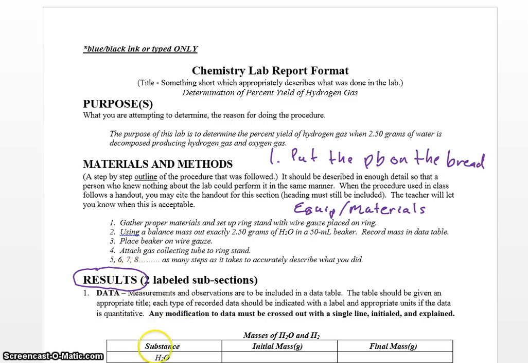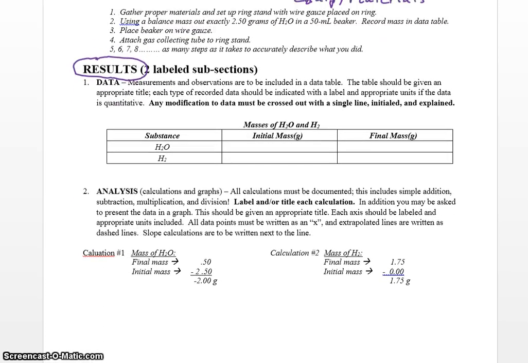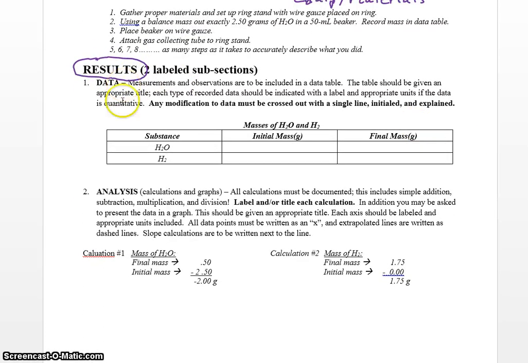The data table that you include is a part of the results section. You see, the results section is actually divided into two subsections, the data section and the analysis section.